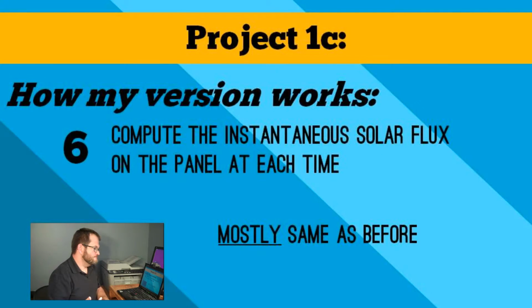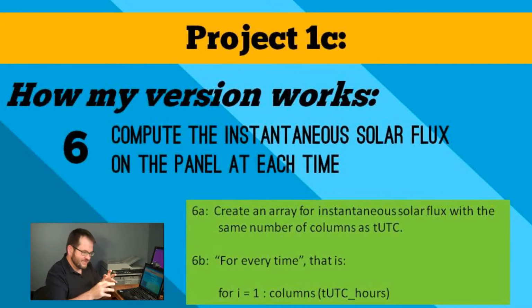Then you're going to compute the instantaneous solar flux at every one of those times. Now, we actually have to do this in a loop. You have most of this code from before, but now it's going to be inside of a loop. For step 6, let's make a 6A: create a variable that stores our instantaneous solar flux, with the same number of rows and columns as time UTC.